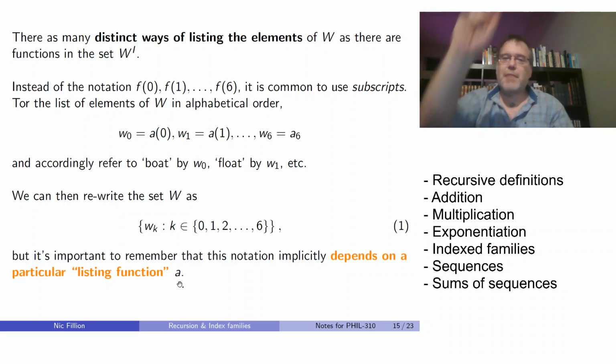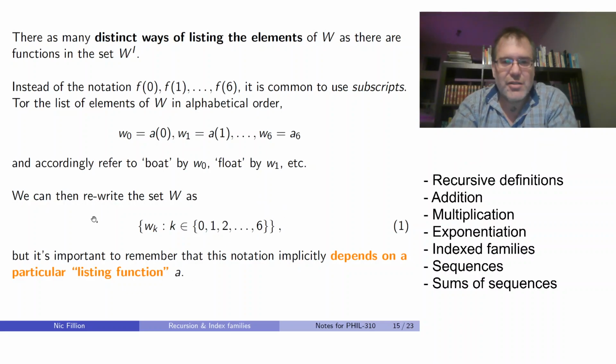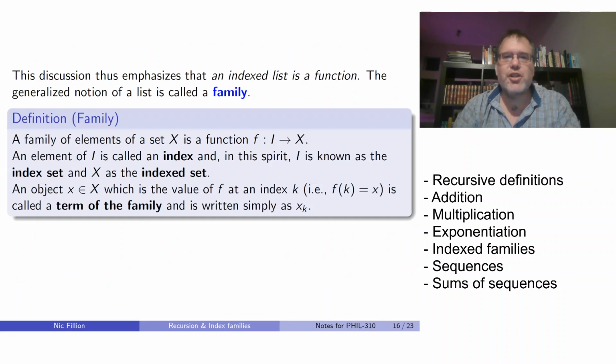The one that maps the indices to the elements of the set W. And in that notation, a is not even mentioned, right? But for that subscripting notation to make sense, we have to realize that always implicitly there is a listing function that is presupposed, okay? So that simple procedure gives rise to a much more general thing, which is called an indexed list, right?